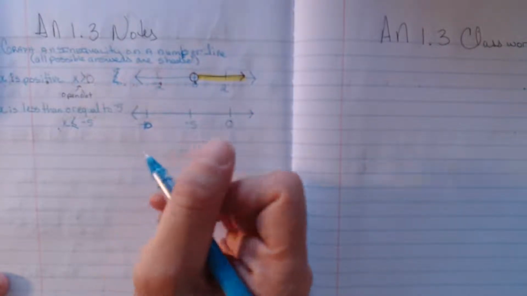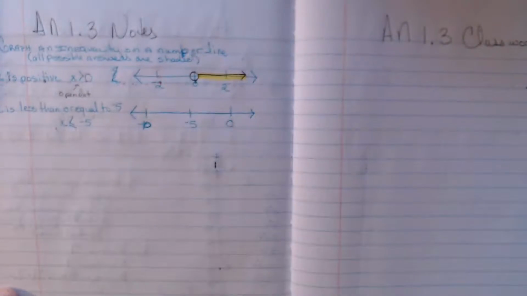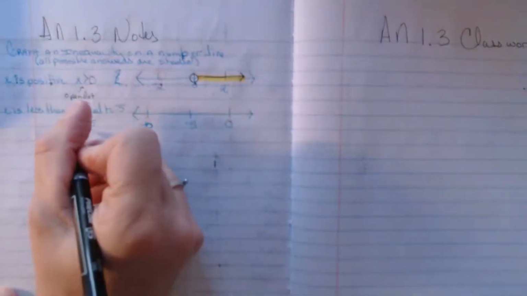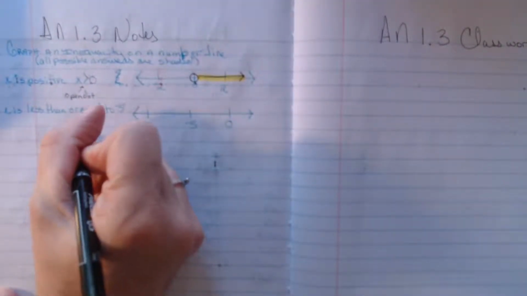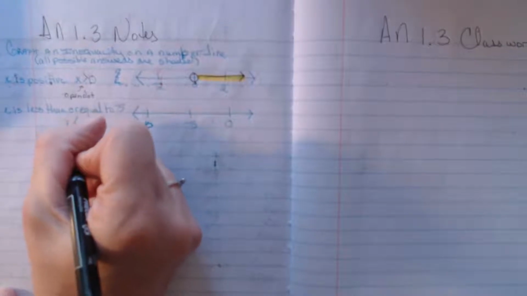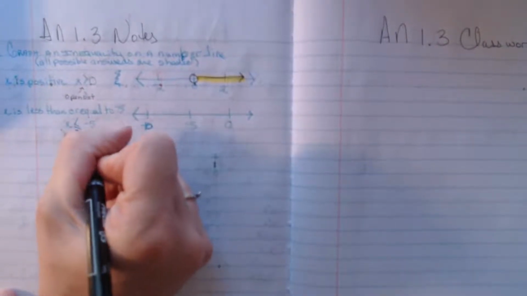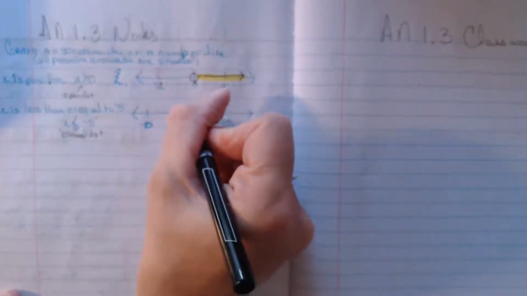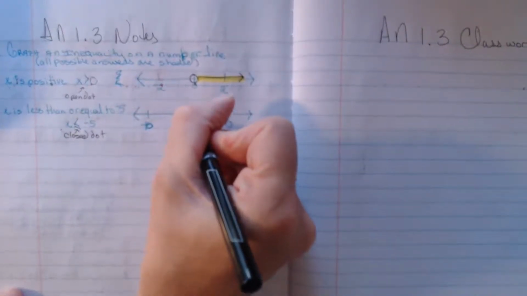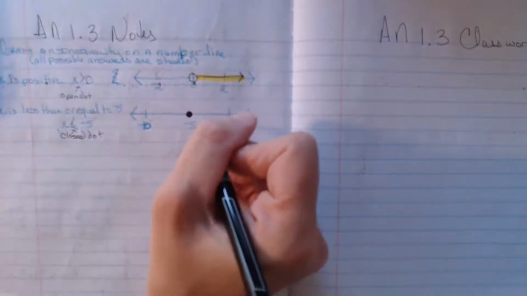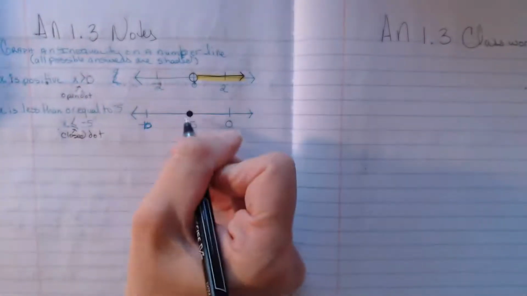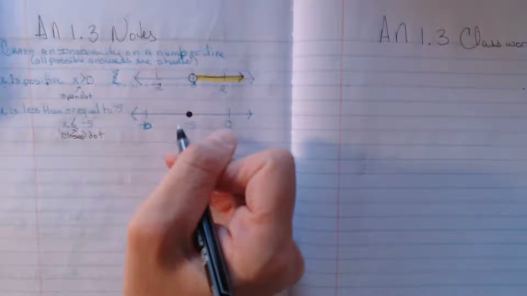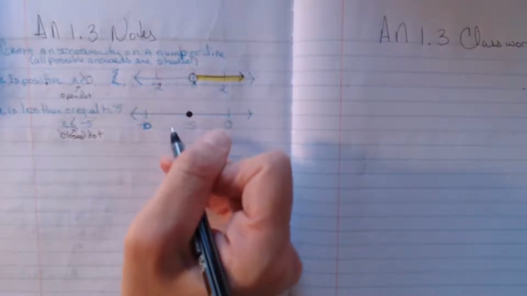So that way I can show with the direction which way it's going. If it's less than or equal to -5, I'm going to get my other color here. Since it's equal to, I get to use a closed dot. So put a dot, close it in, and then since it's less than, I have to draw the arrow to the numbers that are less than -5.